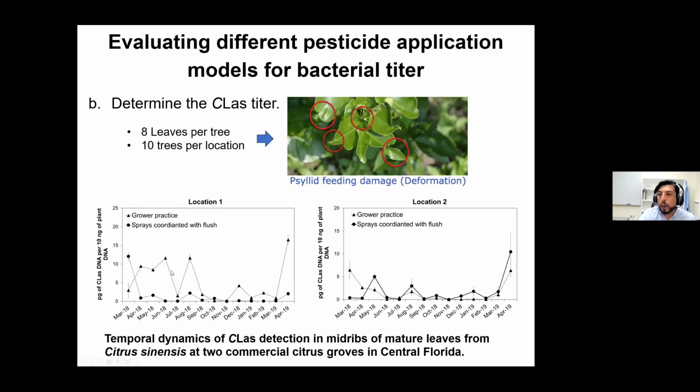In location 1, there were a few differences, but the grower practice seems to have a higher titer of Psilas compared with the spray coordinated with flush. In location 2, that difference is completely lost. This also shows us that there is a temporal dynamic of Psilas detection on mature leaves.